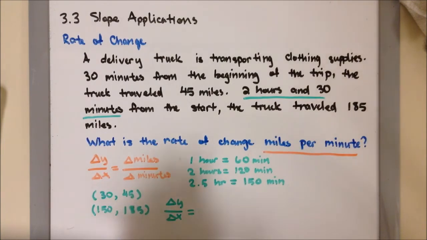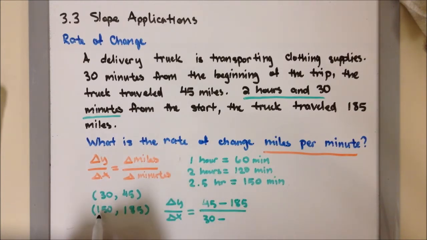So say I did 45 miles, and then I'm going to subtract 185 over, since I did the 45 miles first, I'm going to put 30 for the minutes, subtract, and then 185 miles was the second part. I'm going to use the 150 for the second part in the denominator.